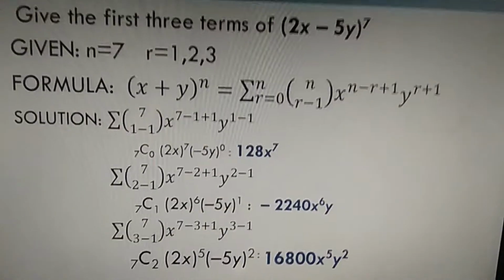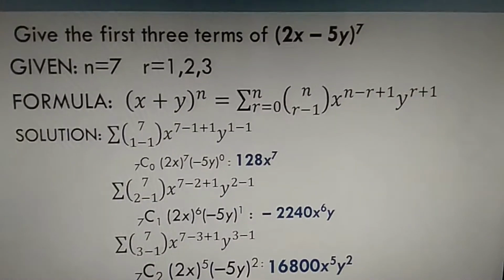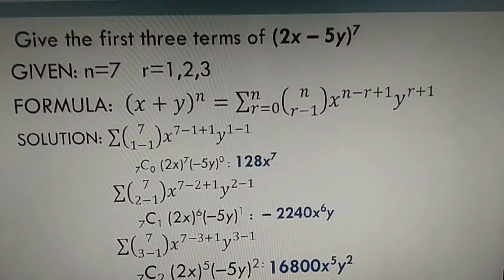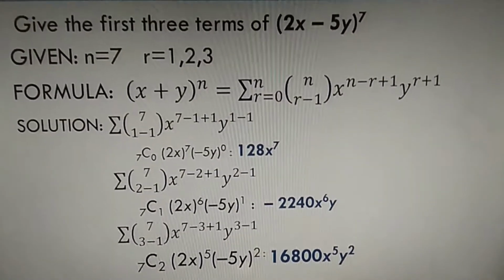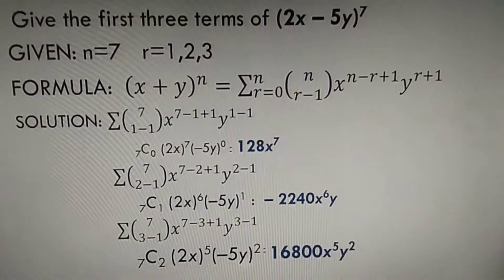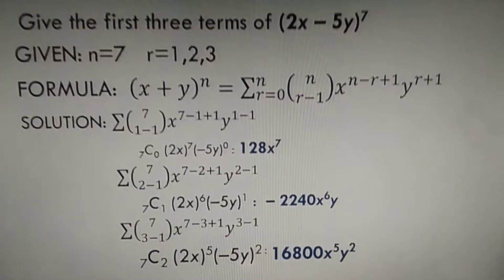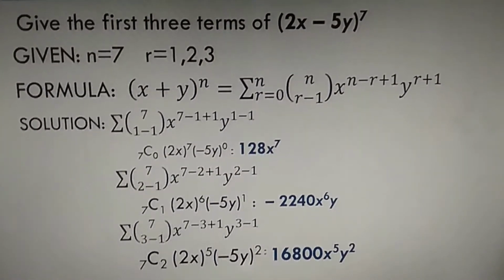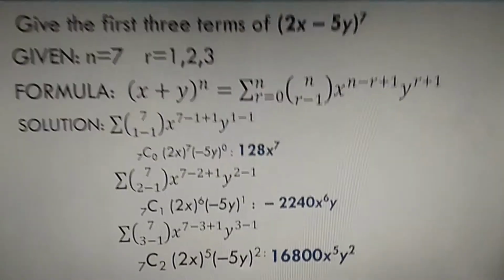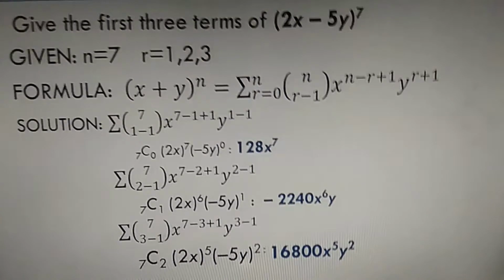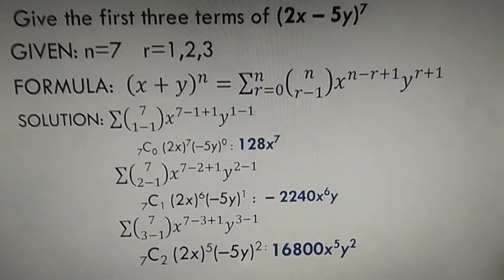For our second example, we are asked to find the first three terms of the quantity 2x minus 5y raised to 7. We are going to have three solutions here: one for r equals 1, the second for r equals 2, and the third for r equals 3. We will use again the same formula, but we have to understand that the given is a difference of two terms and not a sum, just like what we've discussed earlier.